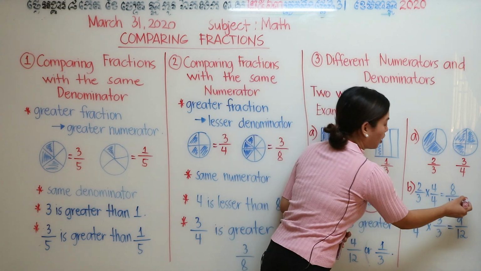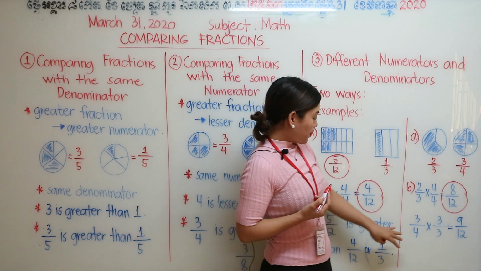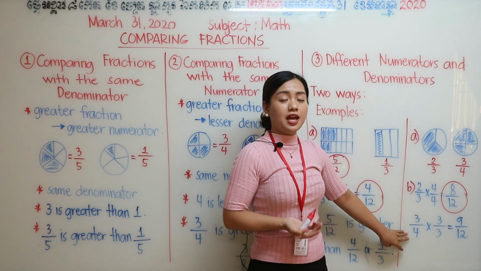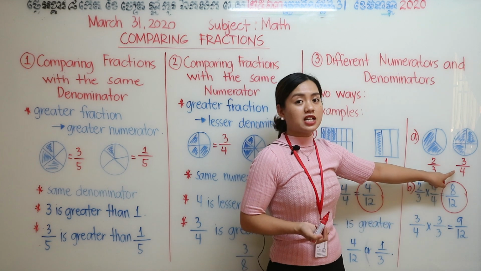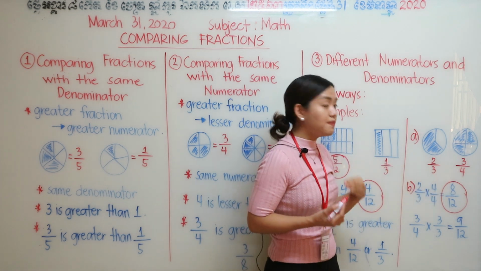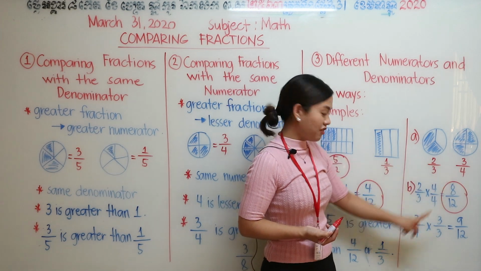Okay, so I already got this number. Now next, I'm going to think of a number that will be multiplied by the next fraction in order for me to get the same denominator, which is 12. Okay, so I have here 3 over 4.